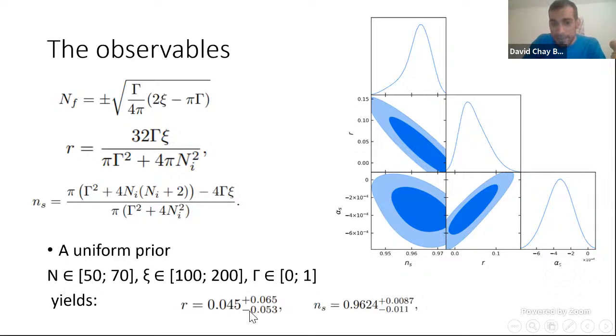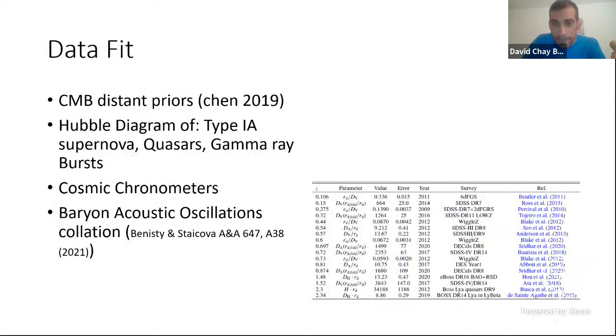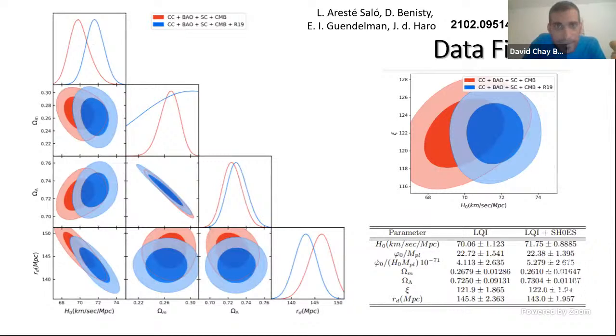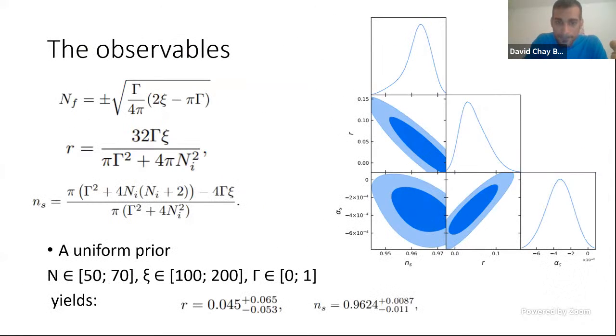But as you can see, the error bar is also a bit bigger. If you go to the best fit values, I see that I didn't write it down, but yes, in principle, you can obtain a much lower tensor to scalar ratio by using this model.